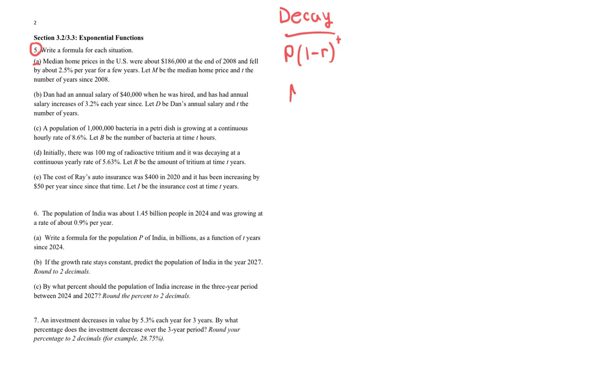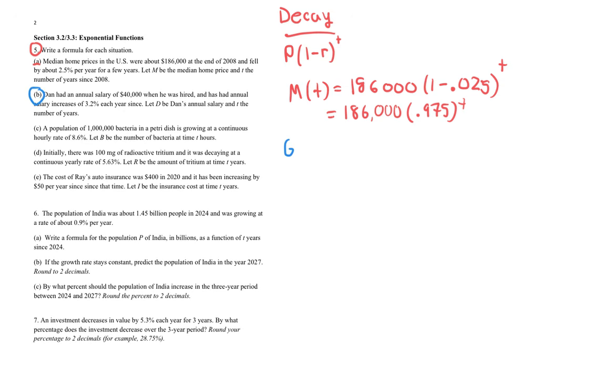So we're going to write out M of T is equal to P, which is our initial value, 186,000, times 1 minus the rate, 0.025, to the T, which is equal to 186,000 times 0.975 to the T.